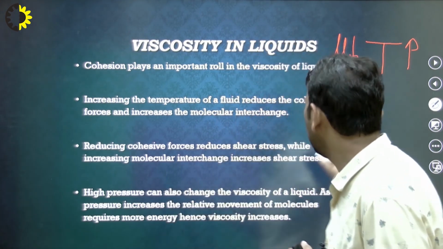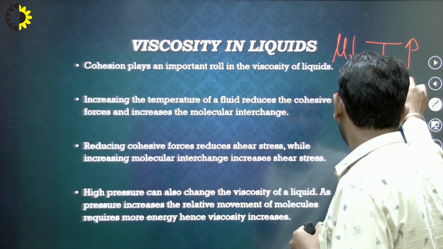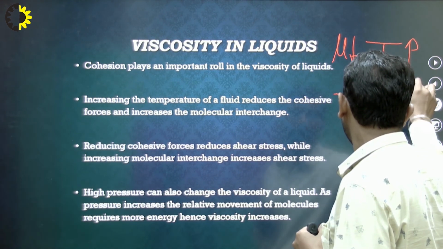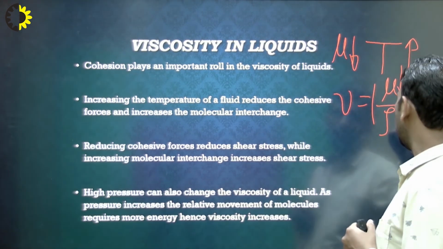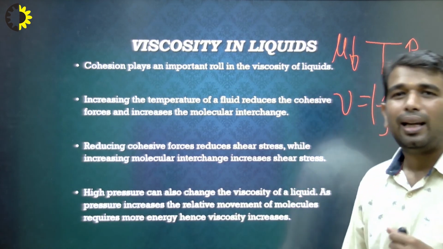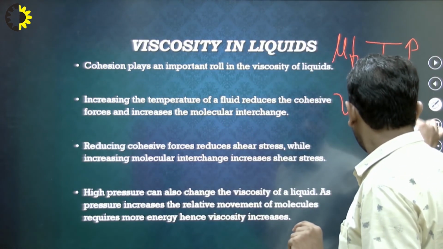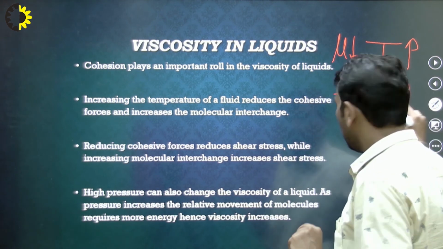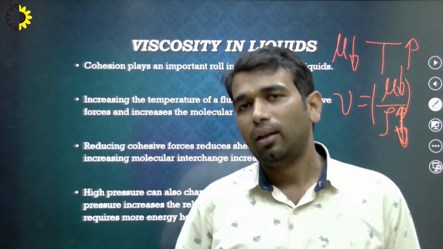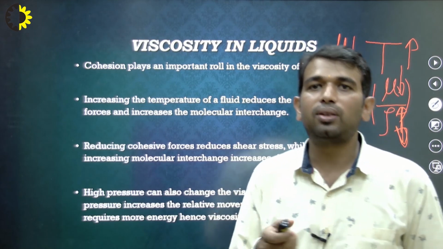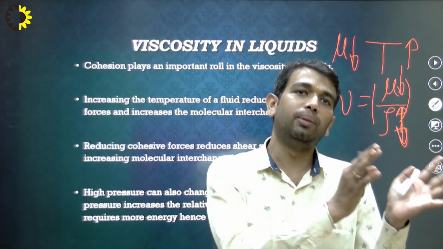What is going to happen with the kinematic viscosity? You can see mu divided by the mass density. When you increase the temperature, mu is going to reduce, but this parameter is also going to reduce. So both numerator as well as denominator are going to reduce, and because of that the change in the kinematic viscosity is comparatively low when we compare with the dynamic viscosity.